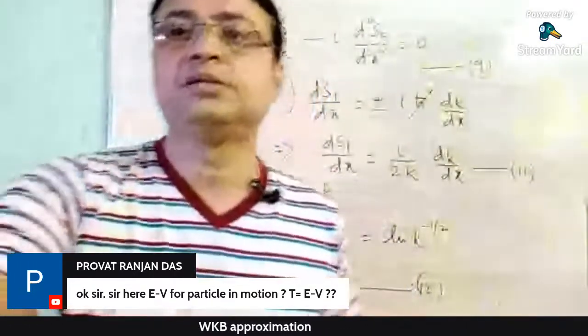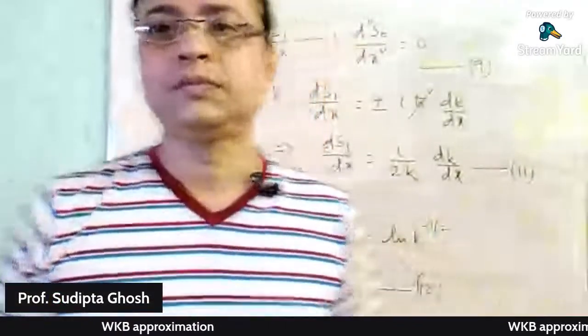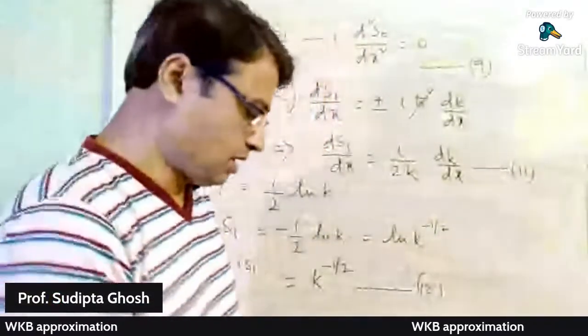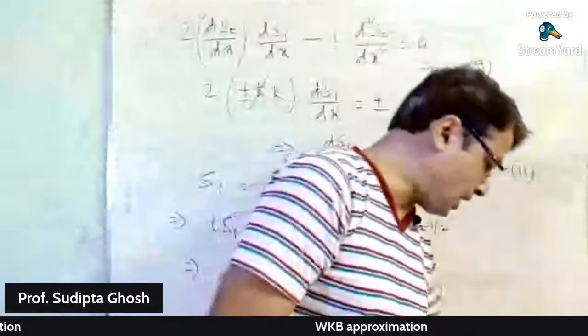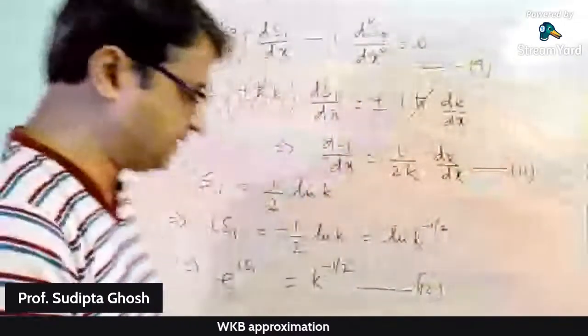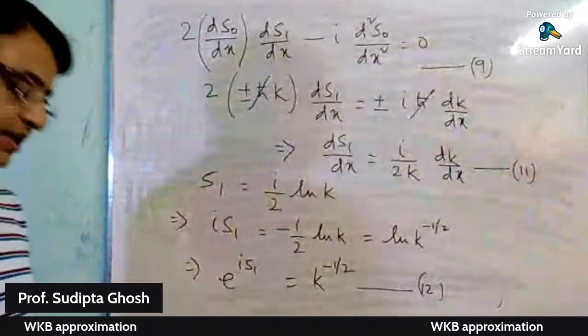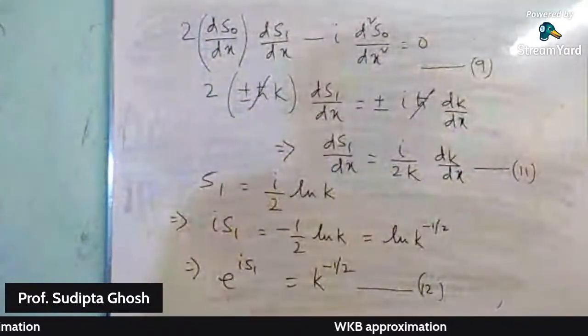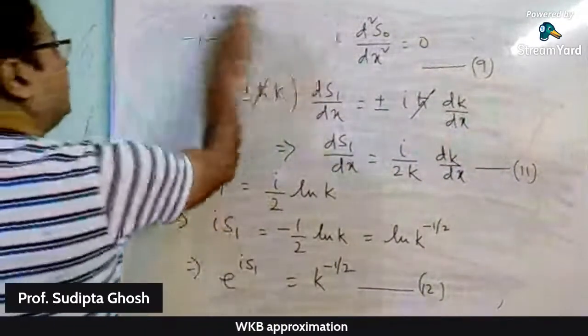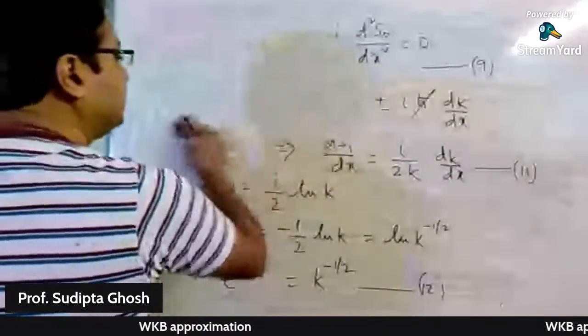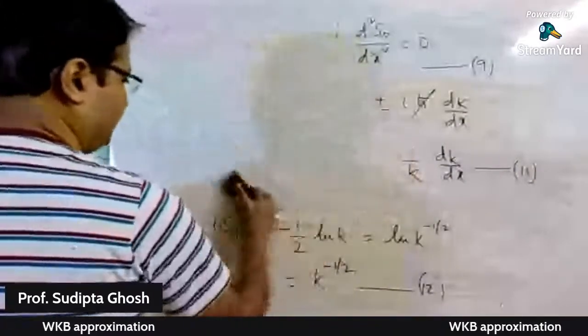Okay. So restricting to two terms in equation 6, it follows from equation 4, equation 6, and equation 12. That is actually, I am now writing the value of psi.